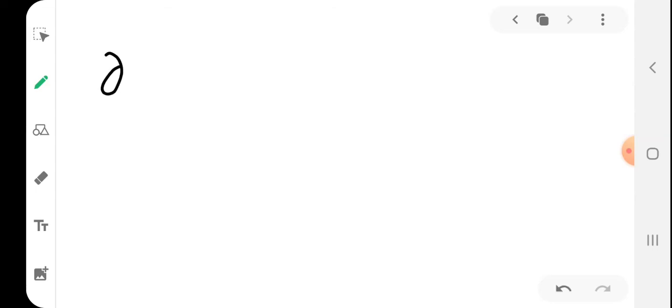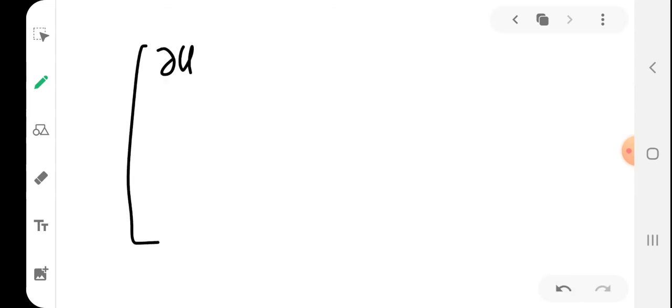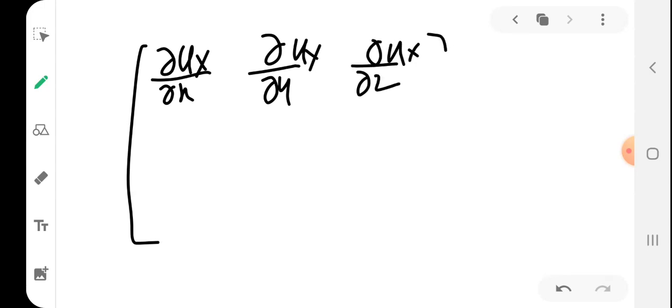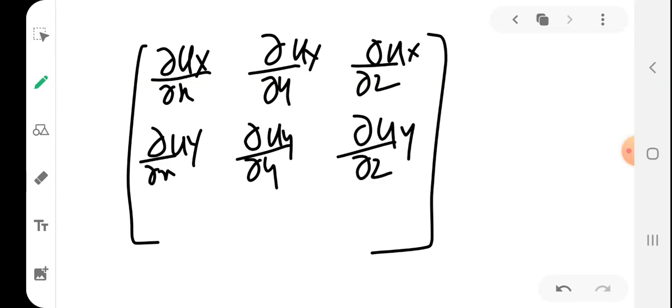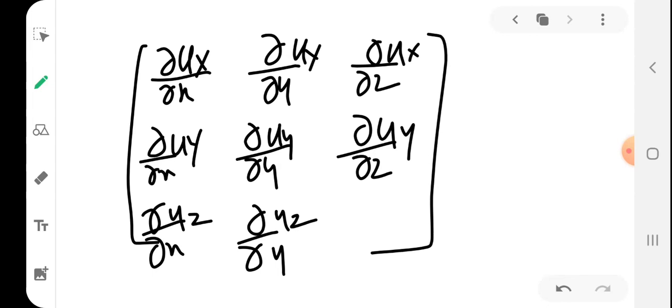So if you differentiate delta ui by delta xj, simply, if you write these differential terms in a matrix form: dou ux by dou x, dou ux by dou y, dou ux by dou z, dou uy by dou x, dou uy by dou y, dou uy by dou z, dou uz by dou x, dou uz by dou y, dou uz by dou z.